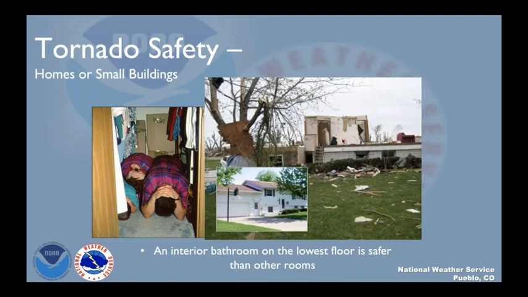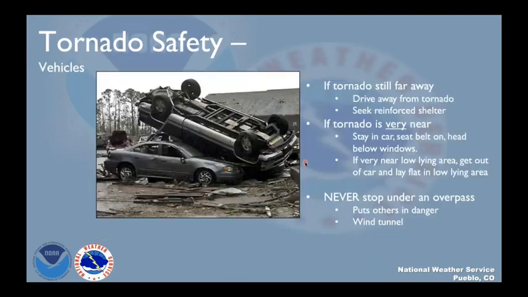That's the only thing standing from this, looking like a well-built house. Yeah, this is what it looked like before, I guess. That's a well-built house. The interior room was the only thing standing. I've also heard people put mattresses on top of themselves. If you have the luxury of doing that in enough time, it can't hurt. But more or less, just go into an interior room or a basement.